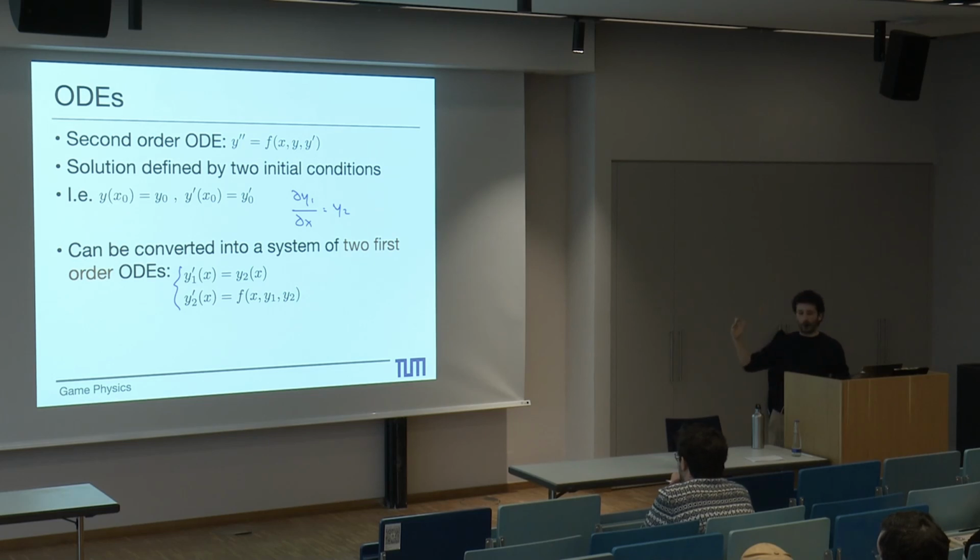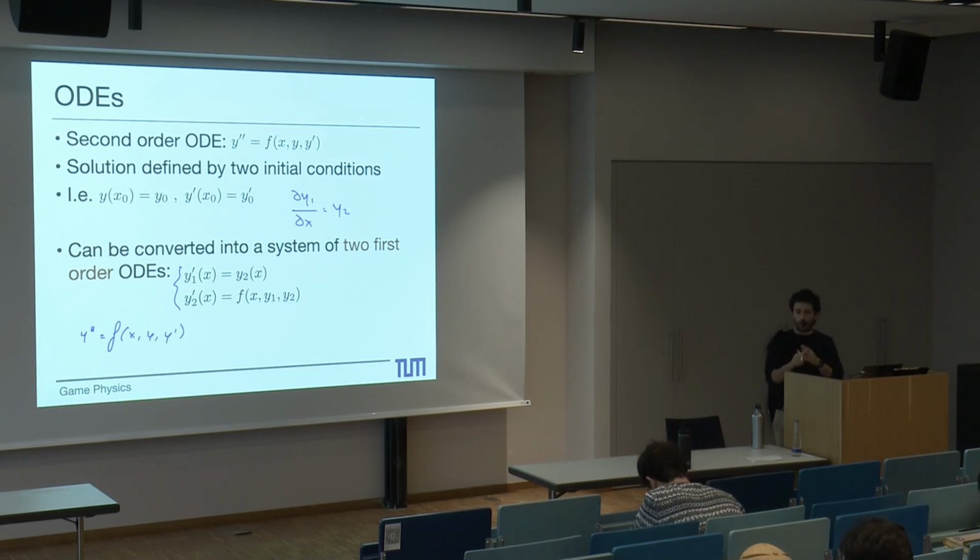These are names that we are giving to our quantities. So let's say placeholders to some extent. Let me go through the entire thing. We have the second derivative that is a function of the free variable, the dependent variable, and its first derivative, right? So we want to write this as a first order problem.